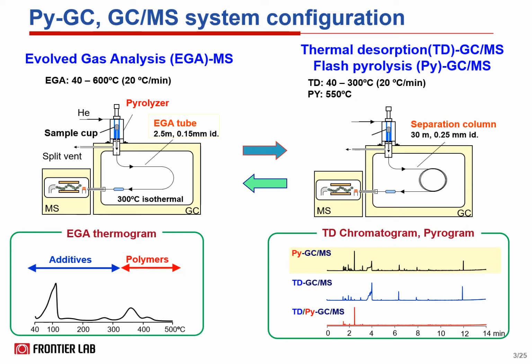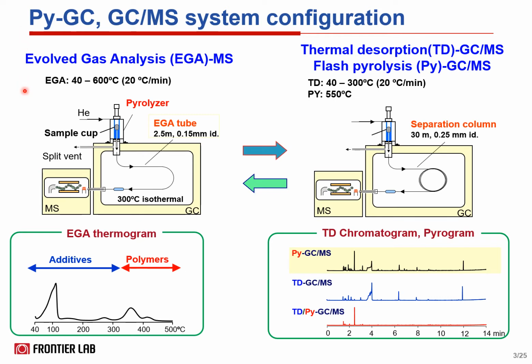Pyrolysis gas chromatography mass spectrometry, Py-GCMS, is one of the most promising and practical analytical techniques for the qualification and quantification of polymeric materials because it only requires a trace amount of sample with no sample pretreatment while providing unique information that is unobtainable by the other techniques.